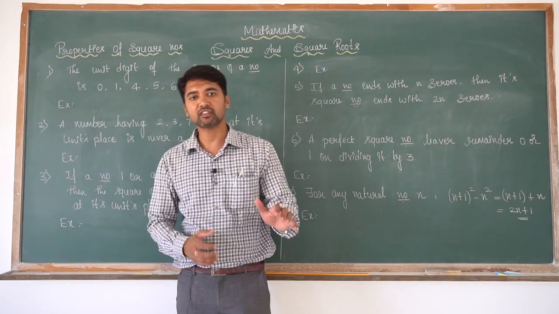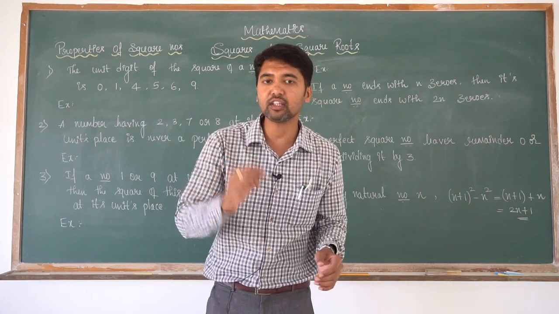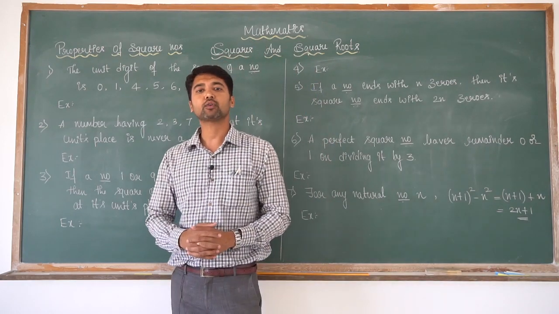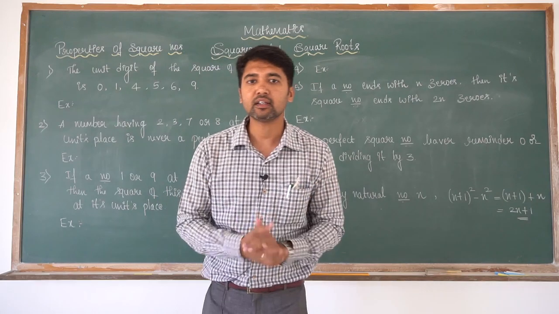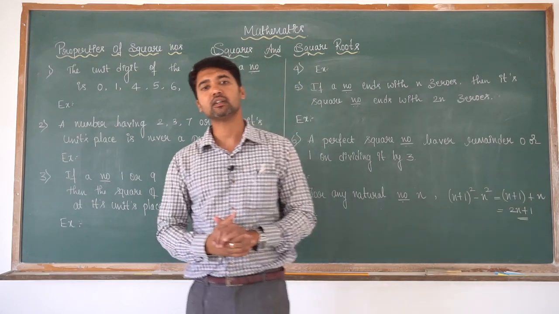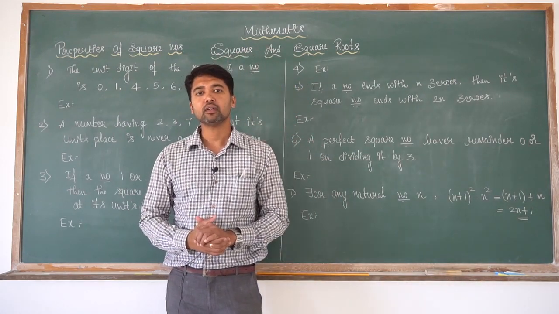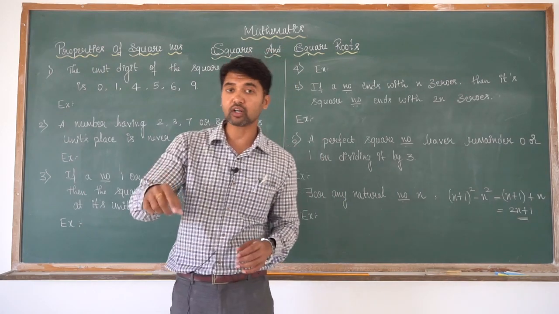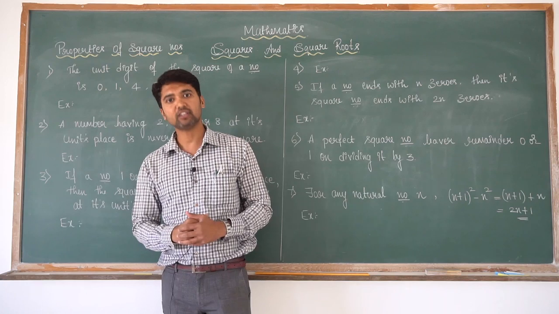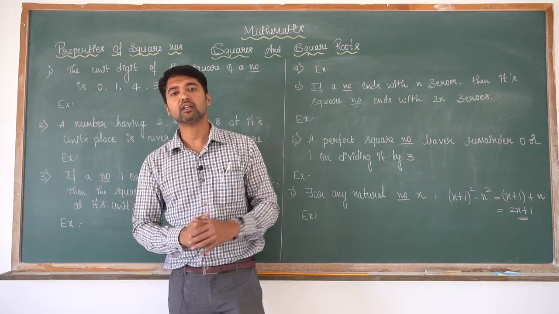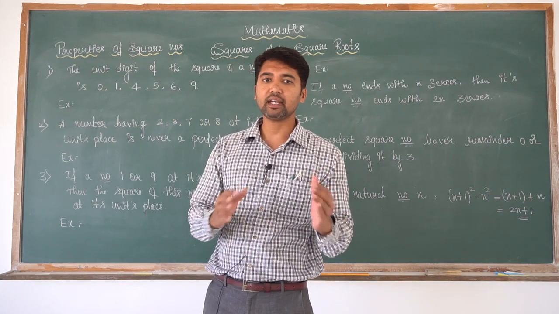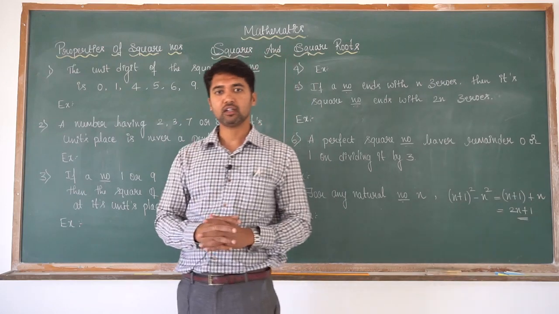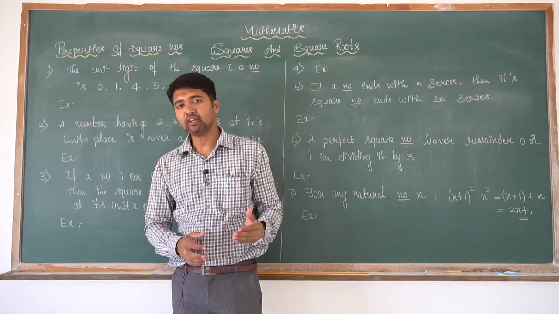Square of 6 is 36, 6 is in the unit digit. Square of 7 is 49, yes, 9 is in the unit digit. Square of 8, 8 eights are 64, again we got 4 in the unit digit. Then 9 nines are 81, 1 is in the unit digit. So up to 9 we have found out.